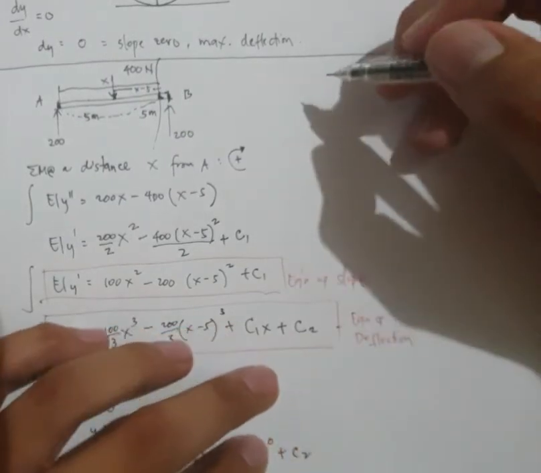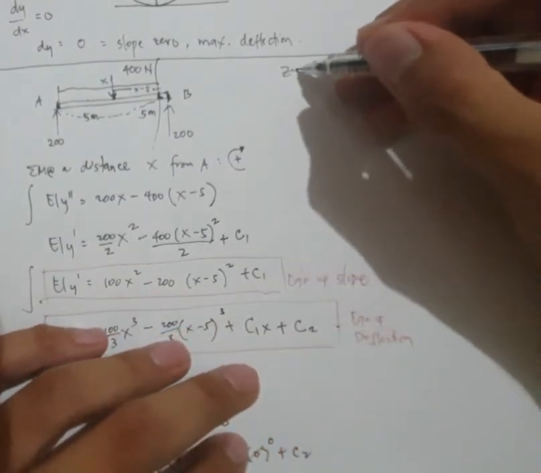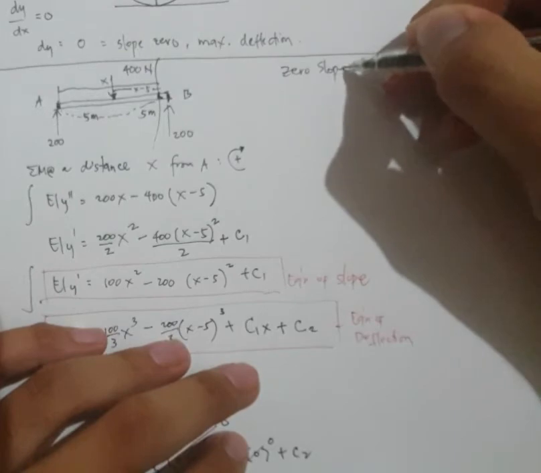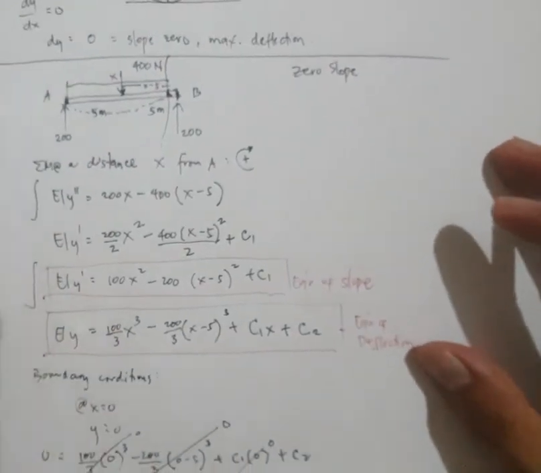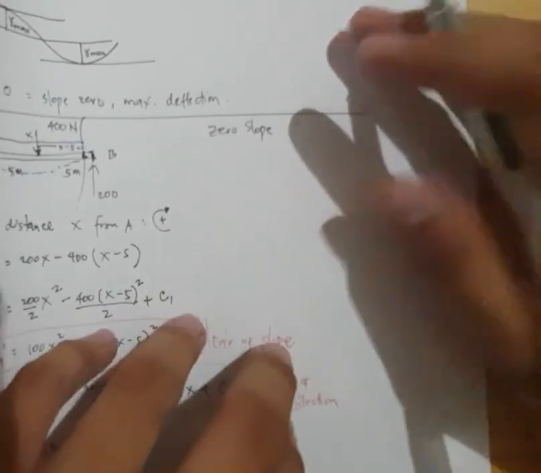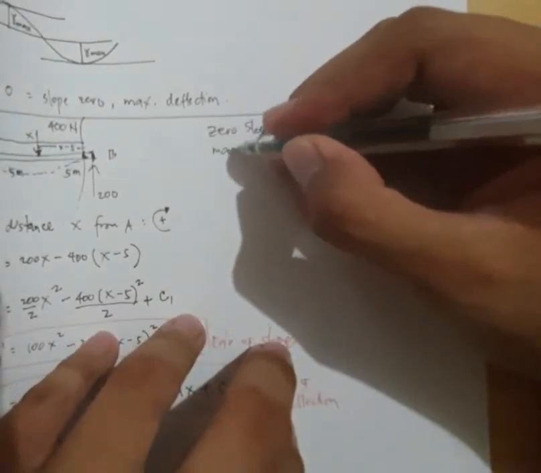So at zero slope, maximum ang deflection.